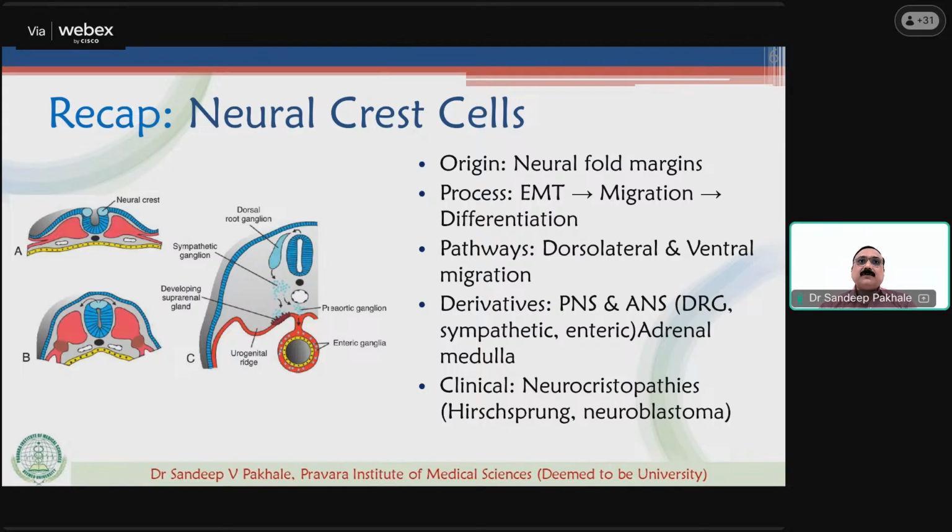They contribute not only to the peripheral and autonomic nervous system, also dorsal root and sympathetic ganglia, but also to structures like adrenal medulla. Clinically, any defect in their migration or differentiation leads to a group of disorders called neurocristopathies, which includes Hirschsprung and neuroblastoma.